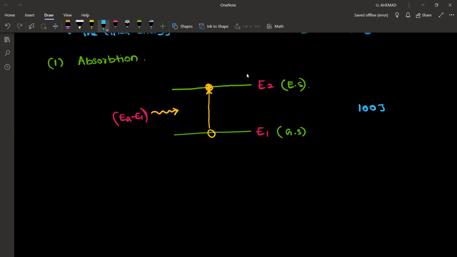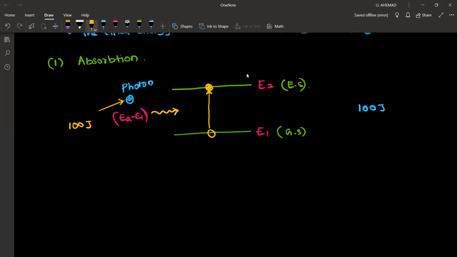Now this is a radiation, right? So radiation will contain photons. If the energy of this photon is 100 joules, what can you tell about this electron? Will it get excited or not?